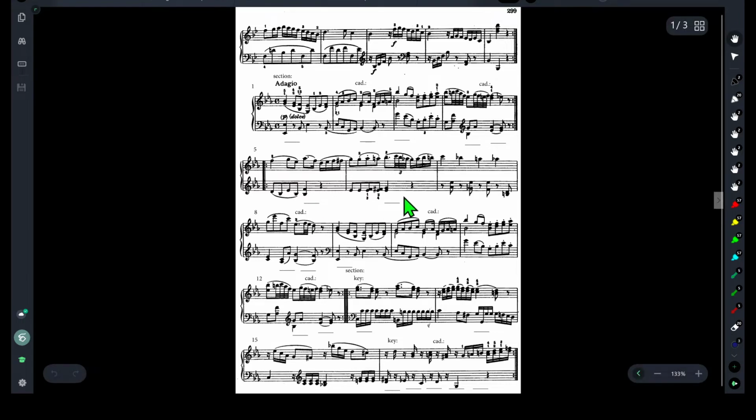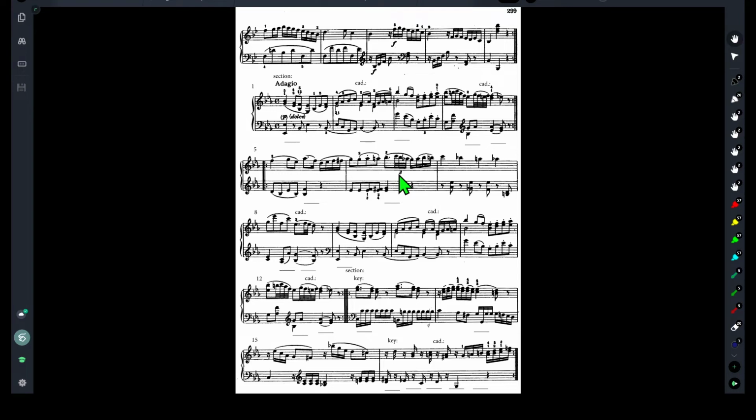Now, we could argue that this is a phrase, the end of a phrase. You could say, hey, I think this is actually an end of a phrase. Or you could argue that this is just a subphrase from here to here. And it all depends on how you hear it. So that's one thing about music theory, including form analysis, is that it is largely subjective. You just have to have reasonings for your arguments, right?